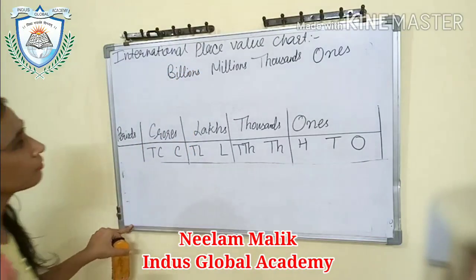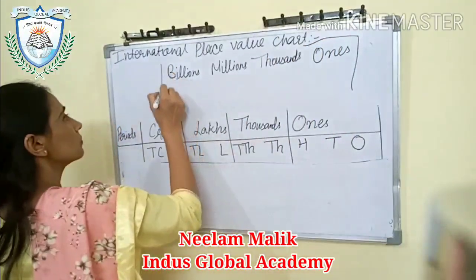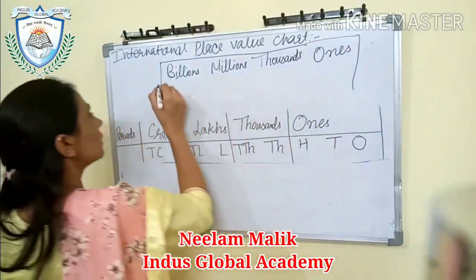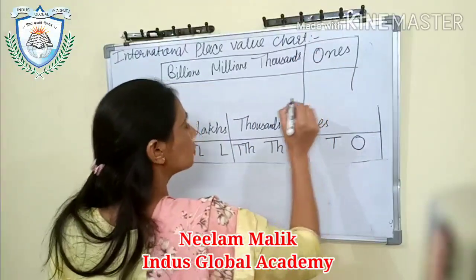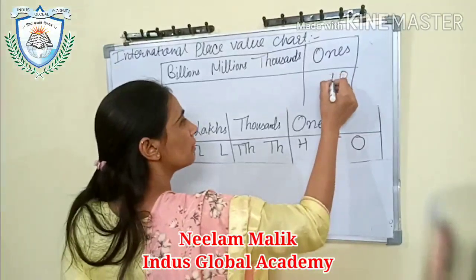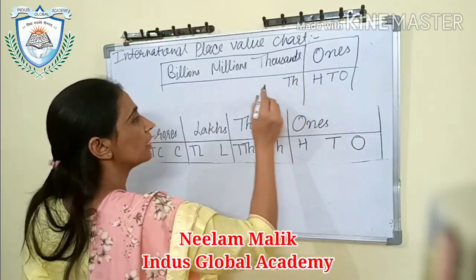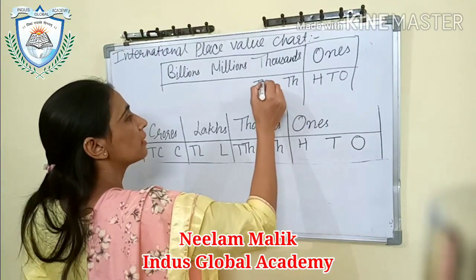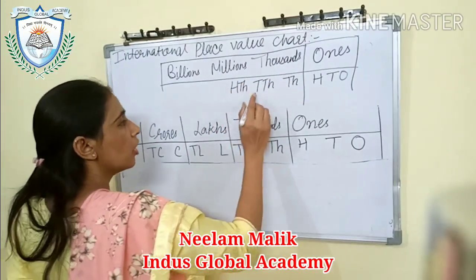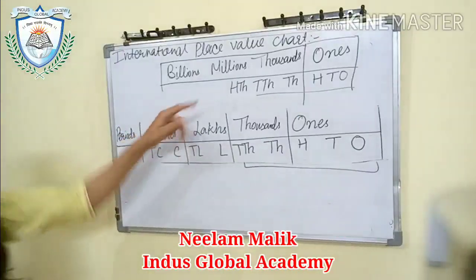In the first ones period, we will take 3 digits as we have taken in the Indian place value chart. Ones, tens, 100, 1000, next is 10,000, and 100,000. Up to here both systems are the same, but after that it will change.